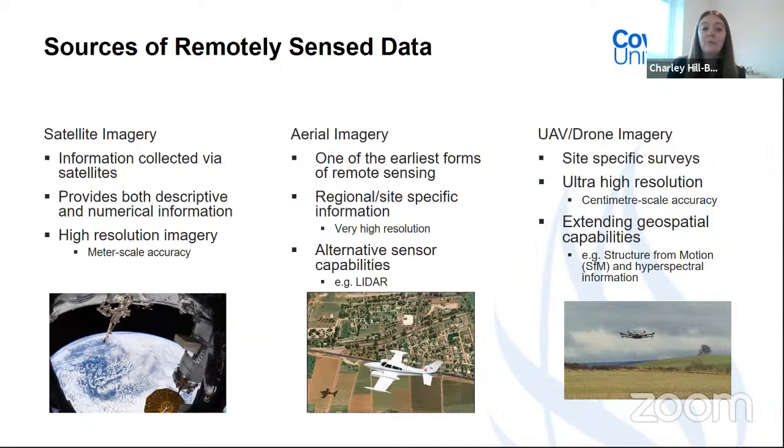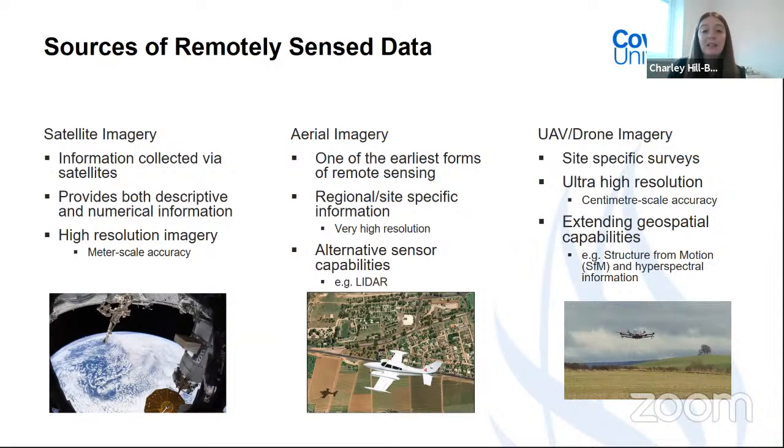But with the different capabilities of how much information we can see on the Earth's surface, there are constraints with what information we can collect. Our satellites, as they're orbiting our Earth, mean that we can collect information globally. Some satellites collect the information globally every 16 days. Some satellites can orbit our Earth in one day. With drone data, though, it's a lot more site specific, and it means that actually we can't survey large areas.